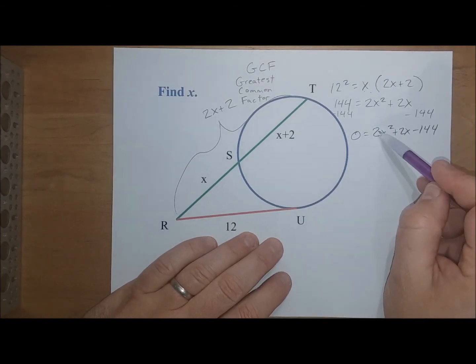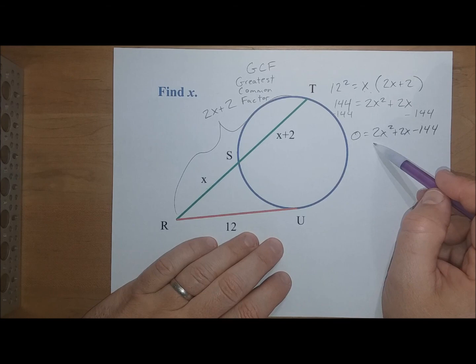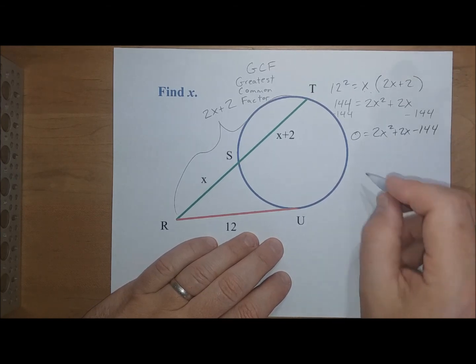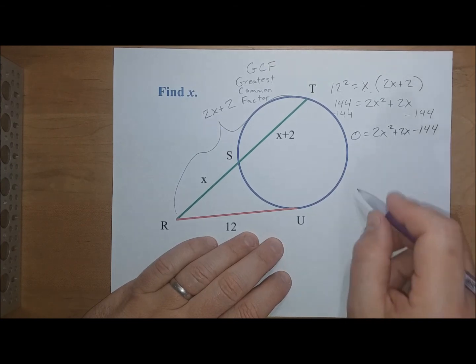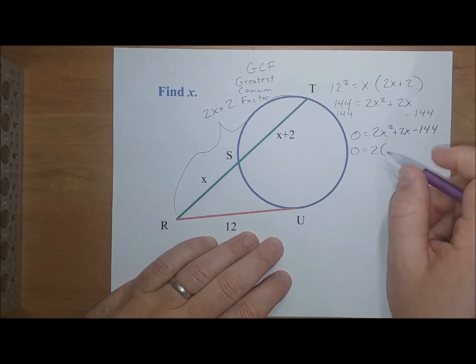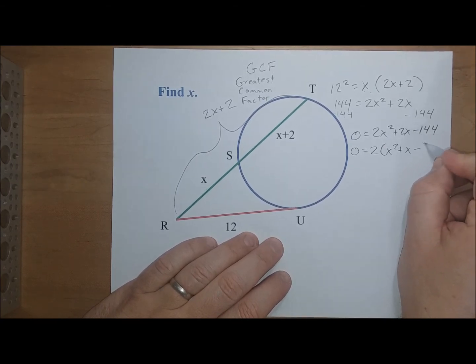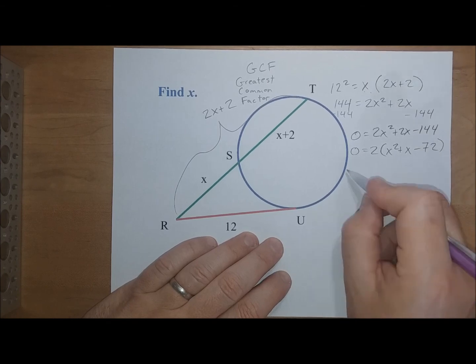Because remember, when A is 1, these are super nice to work with. Turns out we do have something we could factor out of all of these, right? We could divide all of these by 2. So we get 0 equals, or we could factor out a 2, and we'd be left with x squared plus x minus 72. Good. All right.